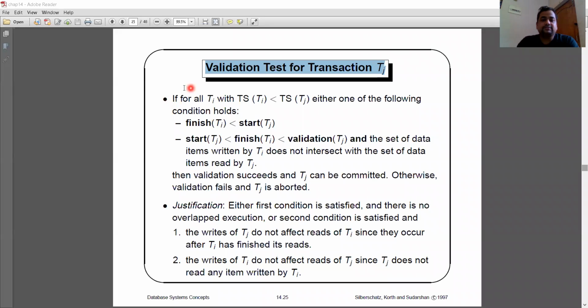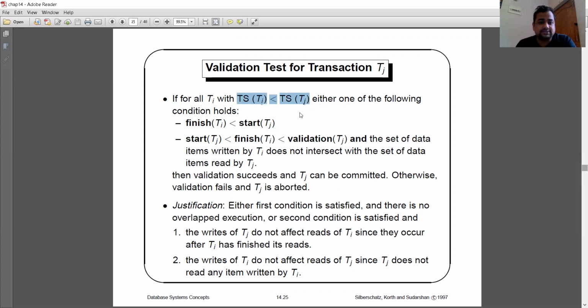Now you can check over here, the validation of transaction Tj. Let us consider two transactions, one is Ti and another one is Tj. We have to check what the validation is between transaction Ti and transaction Tj.